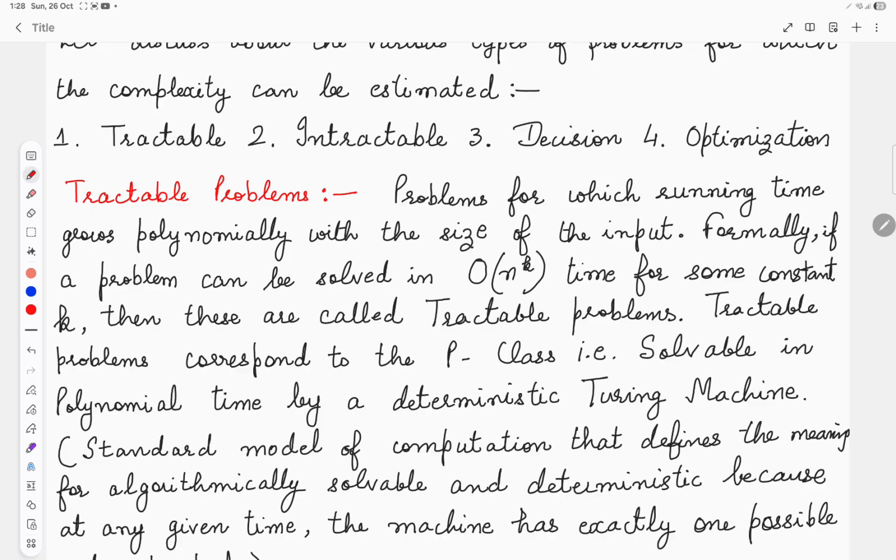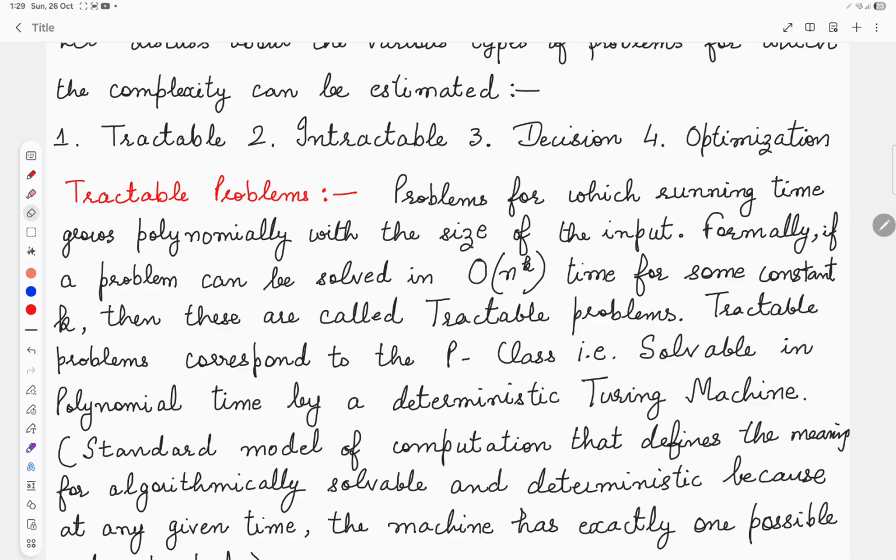Let me explain here. Let's say the input is defined as n. If this input n exists as a power of a base, for example 2 raised to the power n, this is exponential. If the input n has a certain power k, this is polynomial. So this categorization we have to understand.